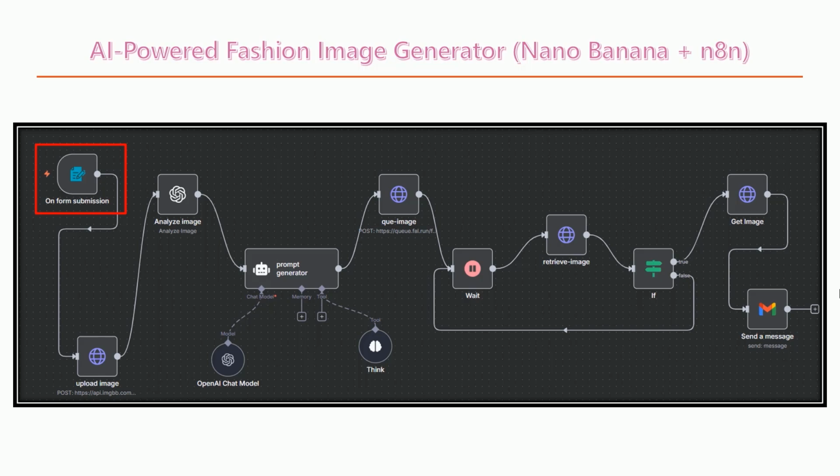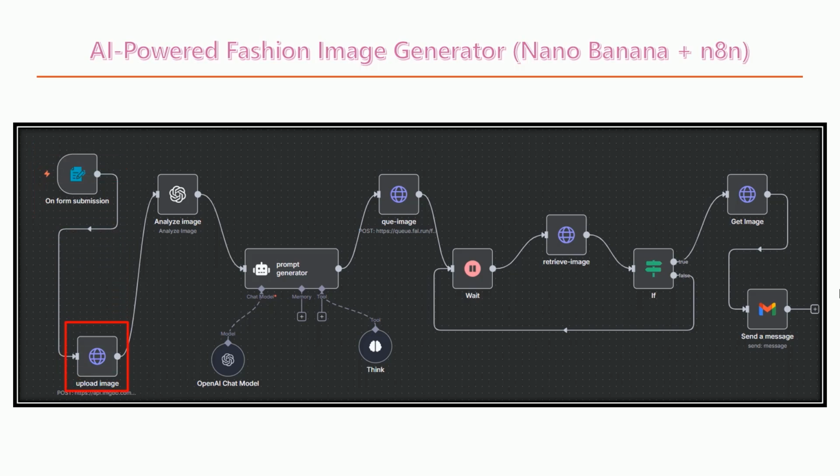The workflow starts when a user submits a form by uploading an outfit or plain dress image which needs to be transformed into high quality model photos with natural poses, and by providing a simple prompt such as an Indian actress wearing this dress in full body pose.